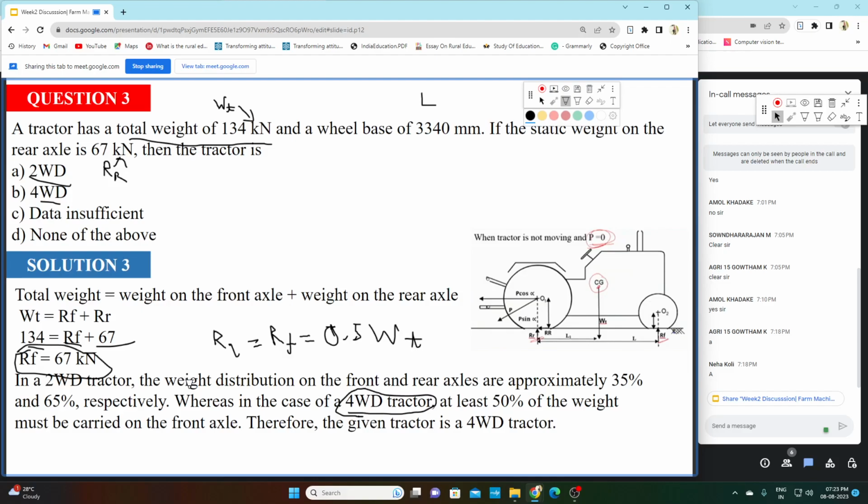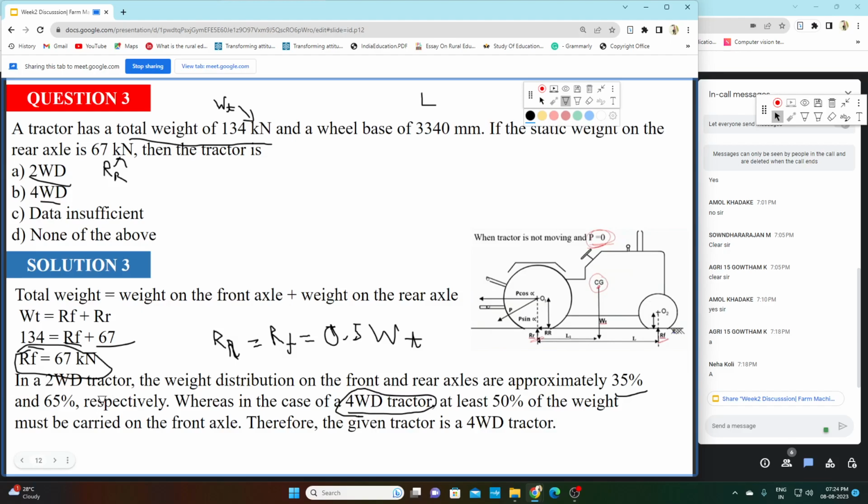For a four-wheel drive tractor, RR equals RF equals 0.5 WT. In case of a two-wheel drive tractor, your RF is approximately 0.35 WT, and RR will be equal to 0.65 WT.